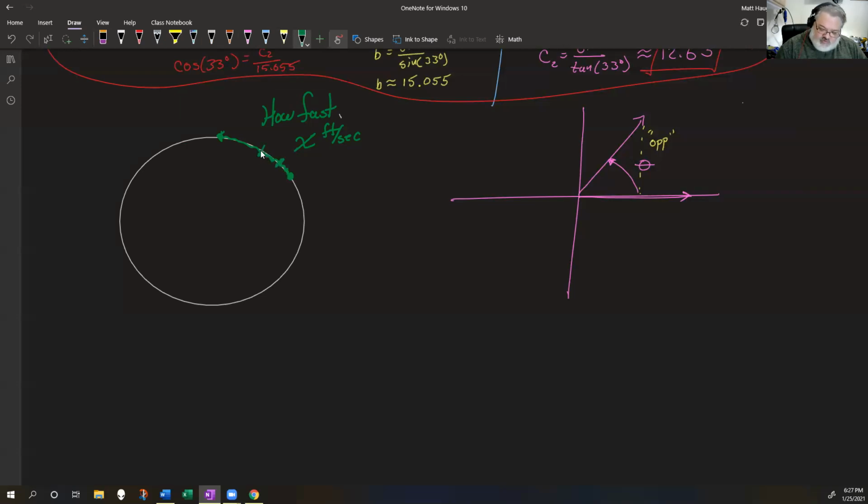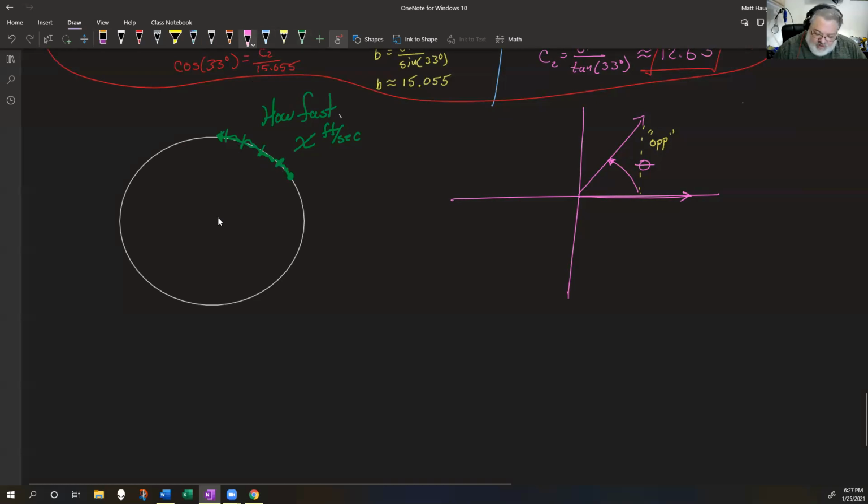You'd be going so many feet every second, right? That is a linear speed because it is a one-dimensional length per time, even though it's going through an arc. Fair? So that's a linear speed.